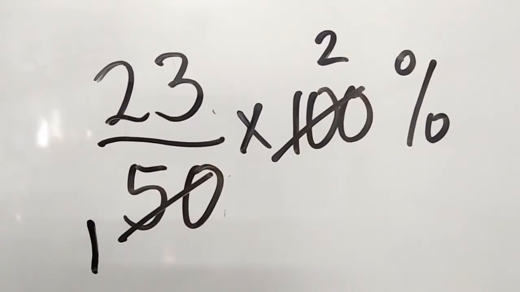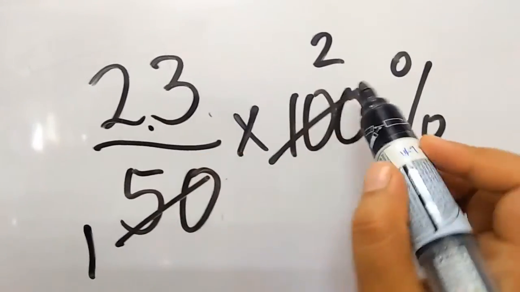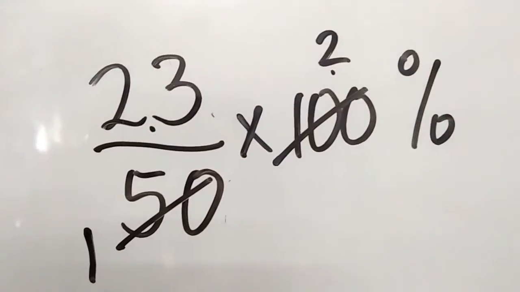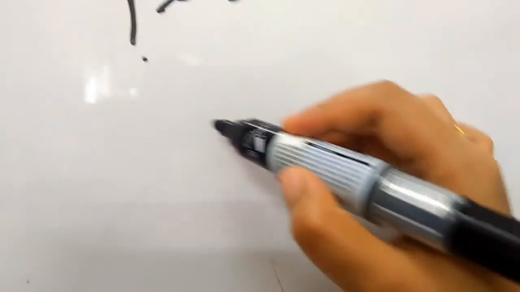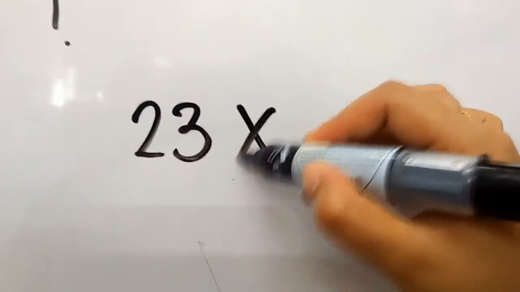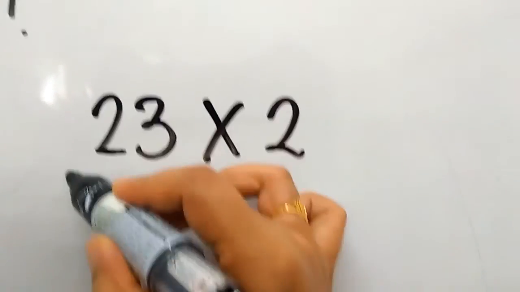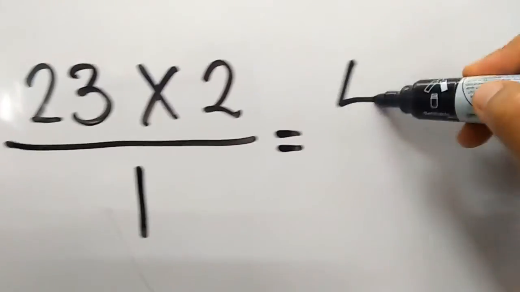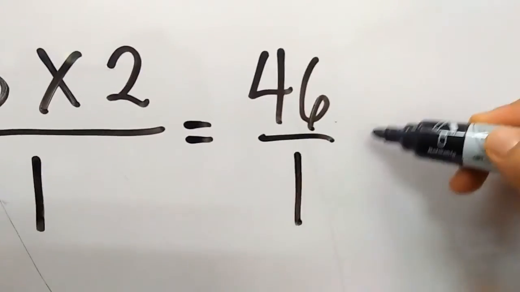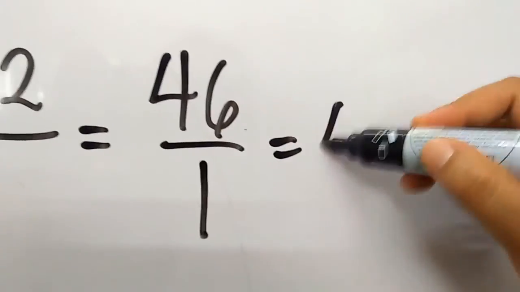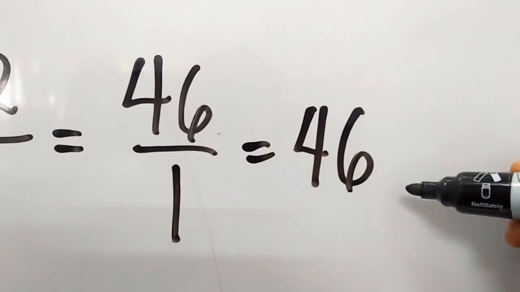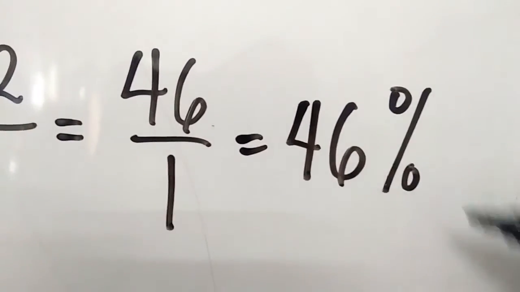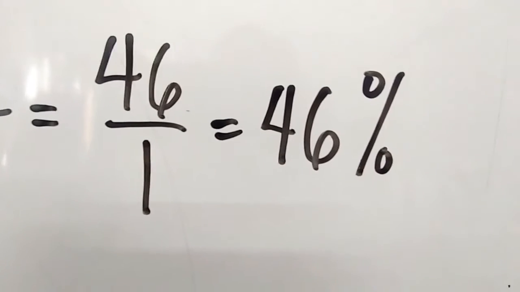Okay, so the remaining numbers, we have 23 times 2 over 1, which is equal to 46 over 1 equals 46. Just attach the symbol. So we have 46%.